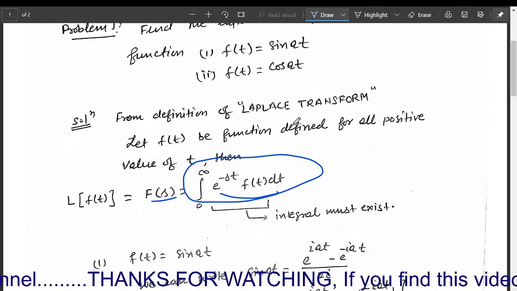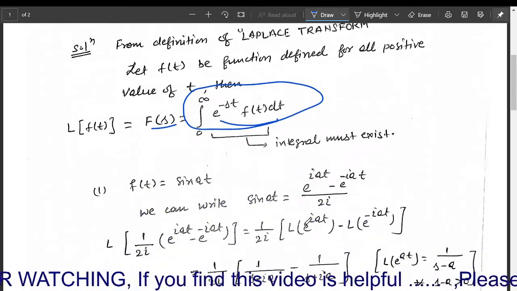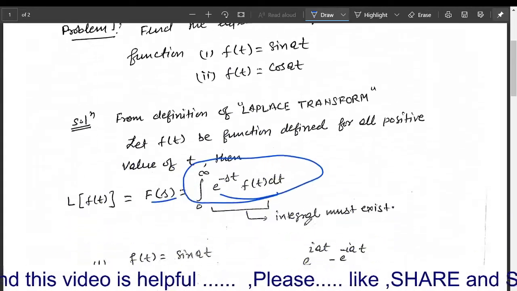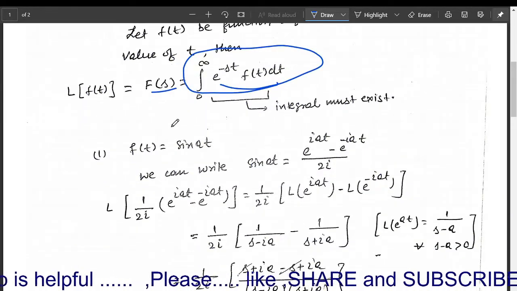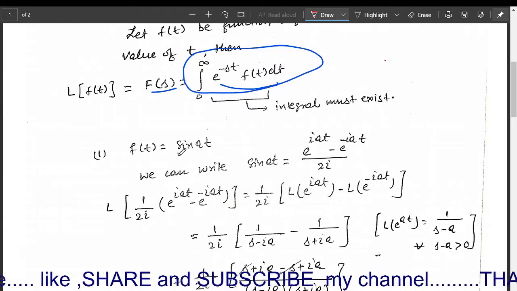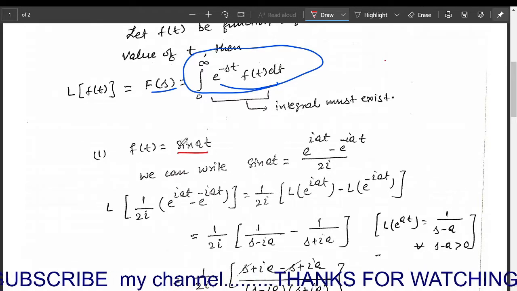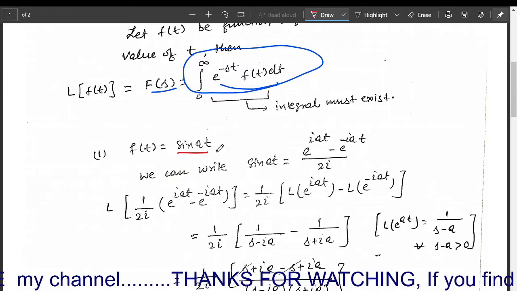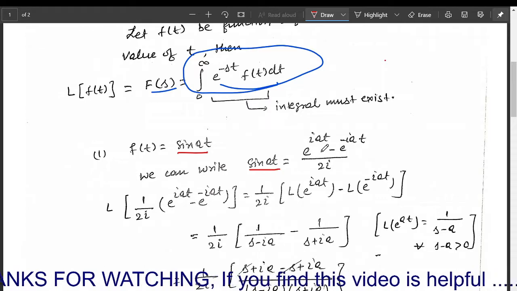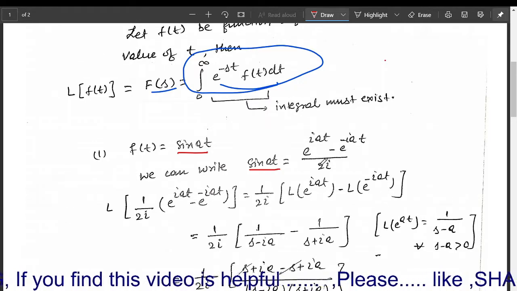We have seen the definition of the Laplace transform, so now we will solve our first question. Our first question is f(t) equal to sin at. Let f(t) equal sin at. We know that sin at can be represented as e to the power iat minus e to the power minus iat, upon 2i.